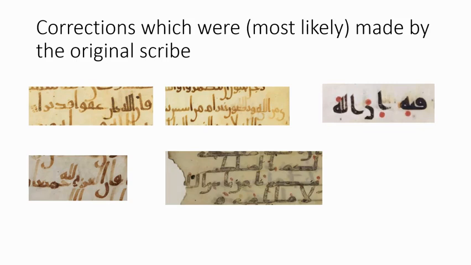Corrections can be made by the original scribe. This is not something Brubaker disputes either. Because if a scribe writes something down wrongly, does he just have to leave it there? He has an option to change that, right? And all he needs to do is just erase what he wrote initially and write down the correct text.